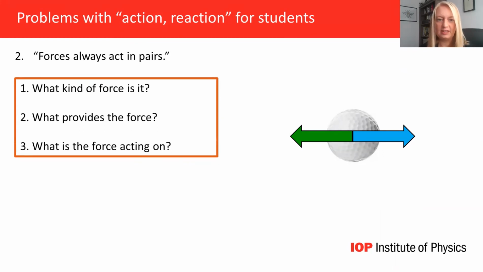And I'd anticipate that they probably say, oh, the hockey stick is providing the force. And then we delve into that a little bit deeper and say, okay, but the ball has left the hockey stick. So can the hockey stick still be providing that force? And hopefully they'll say, oh, no, it can't be. And so we say, well, is there actually a force there then that's being provided by the hockey stick? And they say, oh, well, no, there's not.